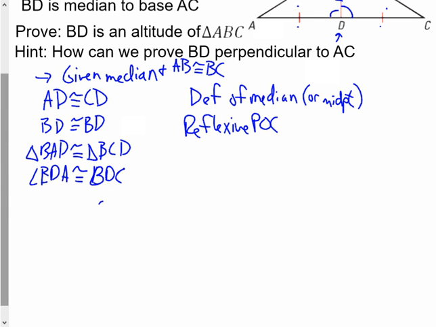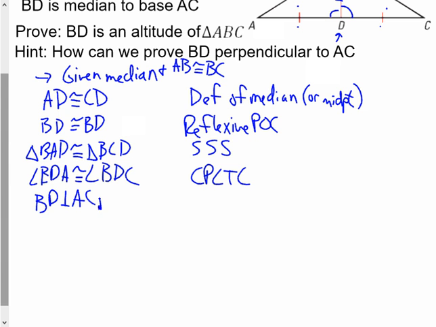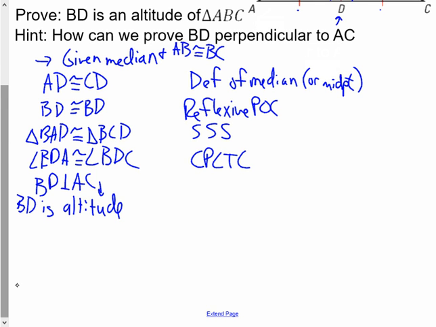Oops, lost my angle sign there. From our CPCTC, and side, I already mentioned. And that's going to say, hey, a linear pair of angles are congruent, so BD perpendicular to AC, and therefore altitude. Right, so that's where it's a little goofy, that ending there. CPCTC, we got the angles congruent in a linear pair of congruent angles.